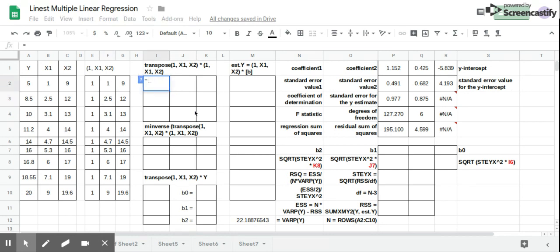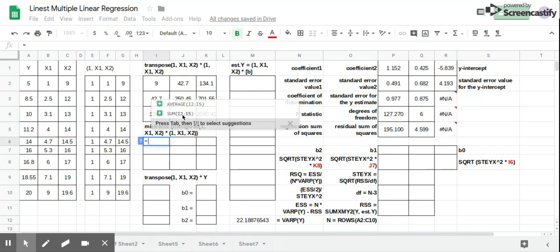We multiply by its own transpose. Now that we have a square matrix, we can do the inverse of this matrix, using the inverse function.